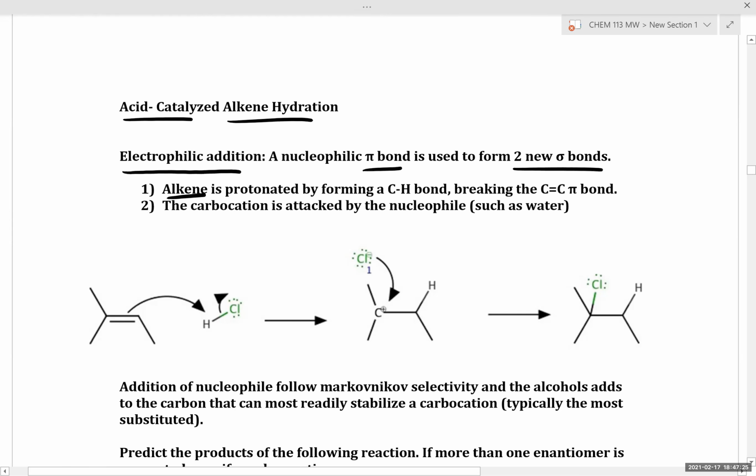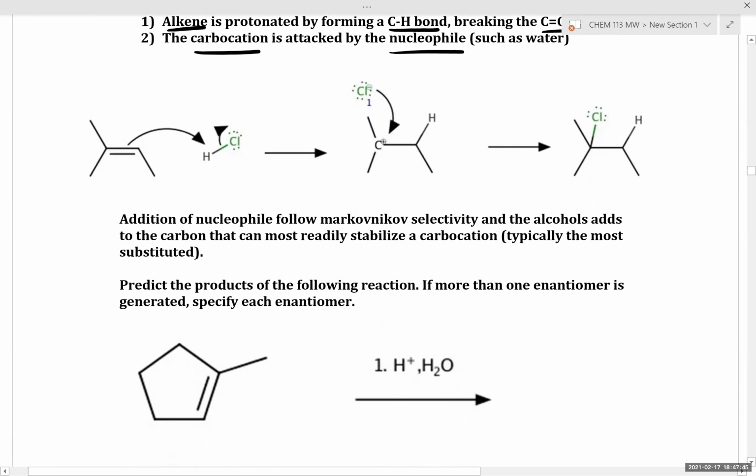So first, the alkene, in this case, under acid catalyzed conditions, is protonated by forming a carbon-hydrogen bond, breaking our C-C double bond. The carbocation is then attacked by the nucleophile, such as water, or any nucleophile really will do the trick. Now, note, the addition of our nucleophile follows Markovnikov selectivity, and the alcohol adds to the carbon that can most readily stabilize a carbocation.